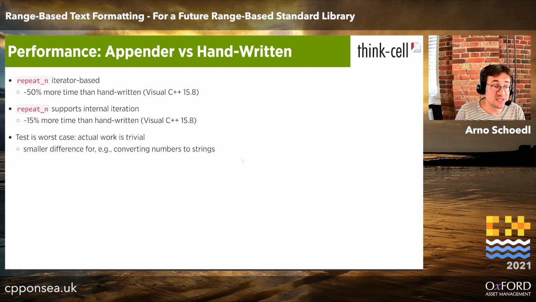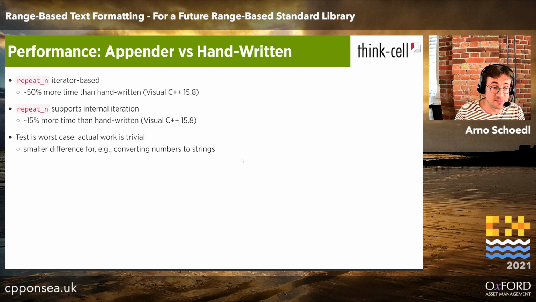Well, if we do this with iterators, we lose about 50% speed. So it takes 50% longer than the handwritten loops. Now, if we do this with internal iteration, we only lose 15%. So really, building the expression tree and then iterating over it doesn't cost you much, and you can write really nice code, and it's just as efficient as it could be.